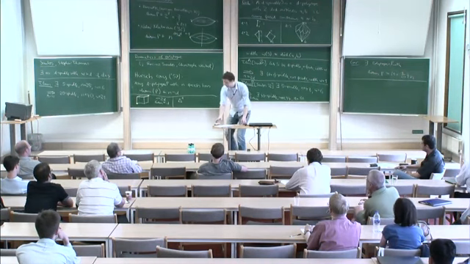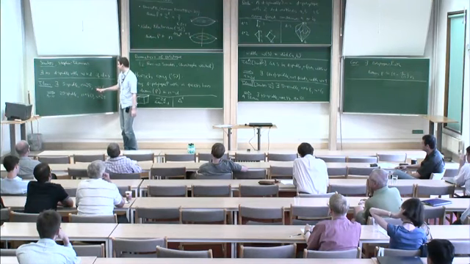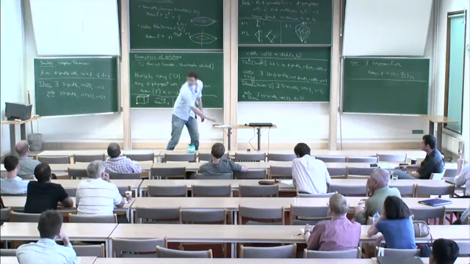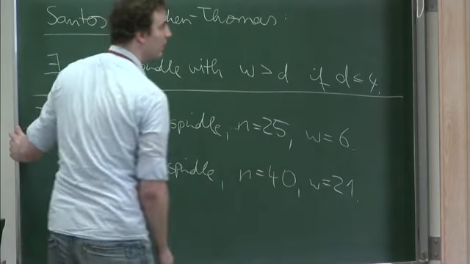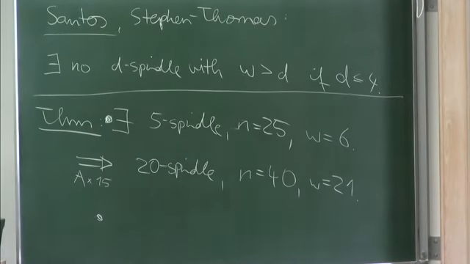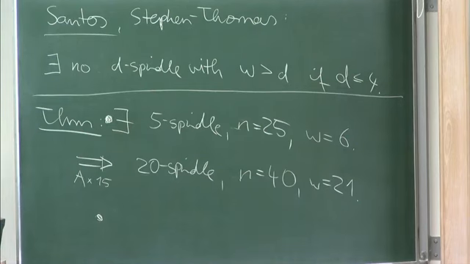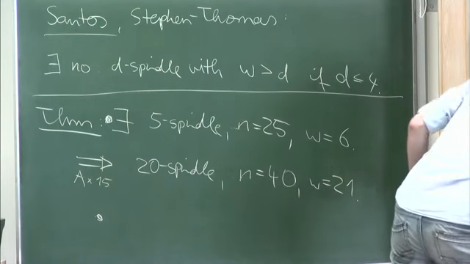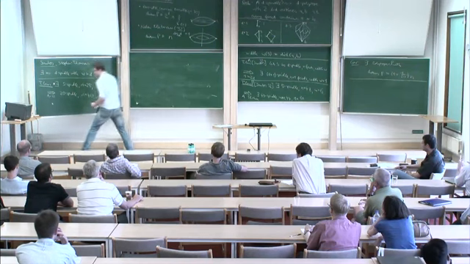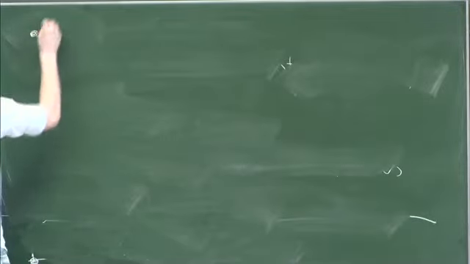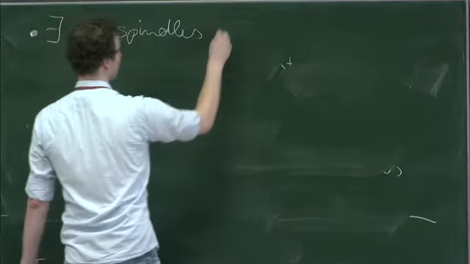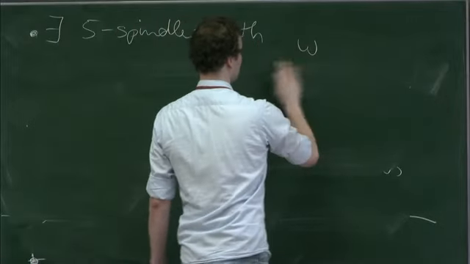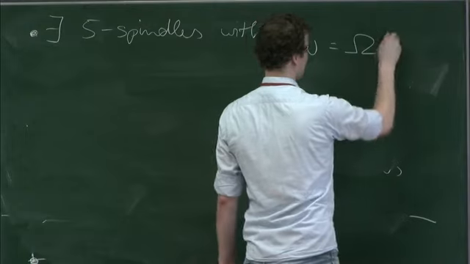So how did we define? I will only talk about... I didn't tell you the second theorem. So this was the first, and the second theorem says that there exist 5-spindles with width growing like omega of square root of n.